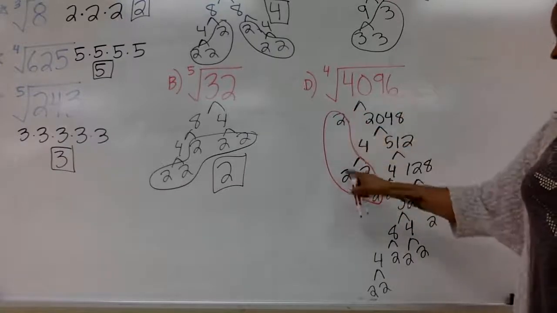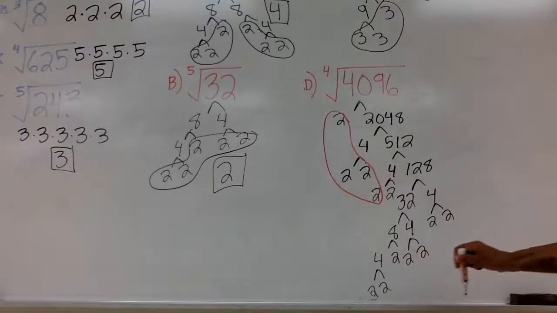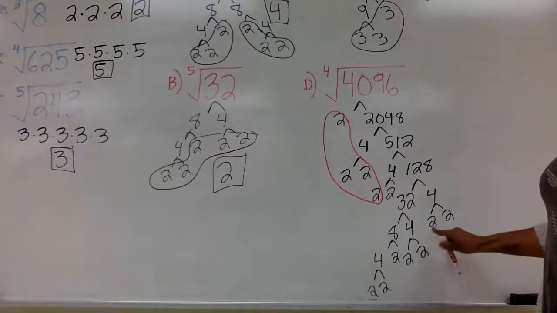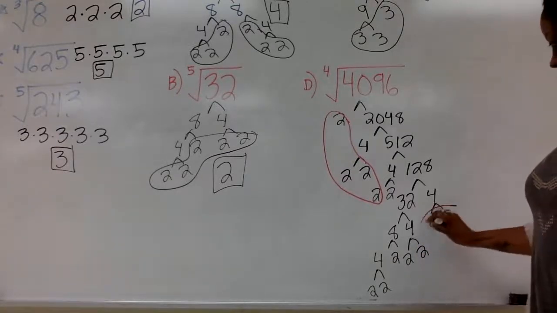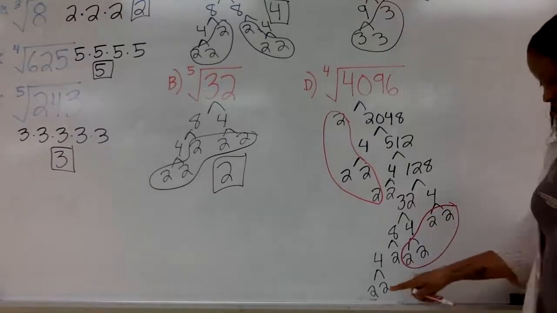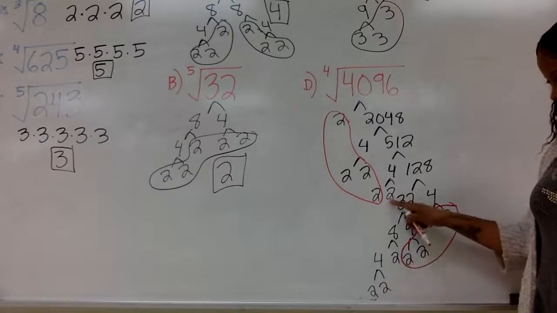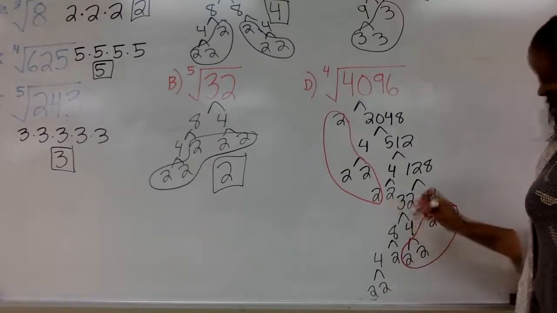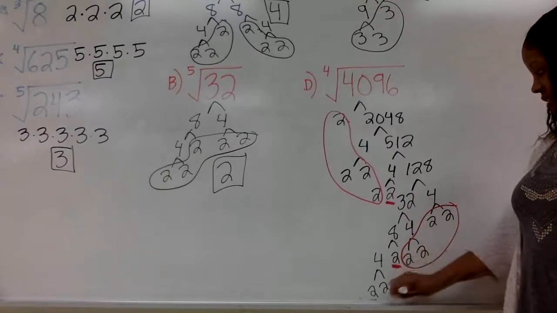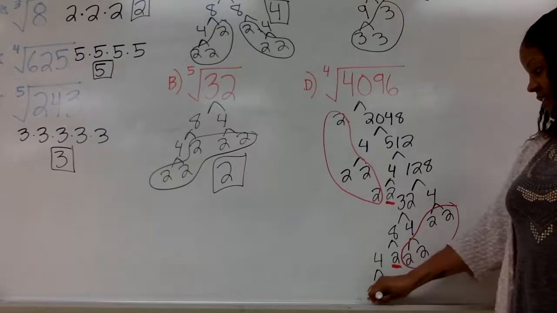Okay, so that's 1, 2, 3, 4. I got a whole bunch of 4s down here. I can do 1, 2, 3, 4. So that's another group. And I got 1, 2, 3, and this one is left over here. So I'm going to underline that group. So that's 1 here, here, and here.